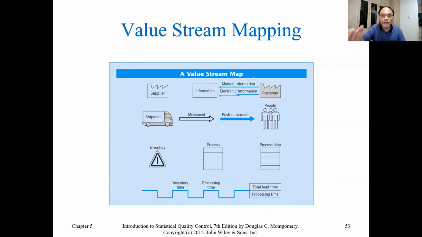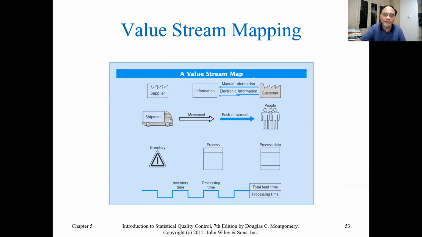Another tool is value stream mapping, VSM. A value stream map can be used in a service organization, and can be used in a manufacturing or production situation. So typical symbols: supplier, shipment, movement. The whole idea of VSM is to find the non-value added time and the value added time of the process.